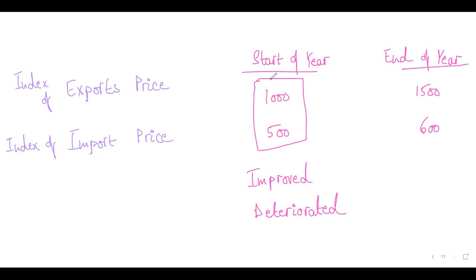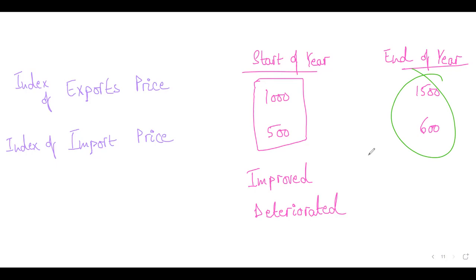I repeat, compared to the start of the year, now a country needs to export lesser quantity to sponsor the same quantity of imports as it was doing at the start of the year. Do you agree with me or do you not?